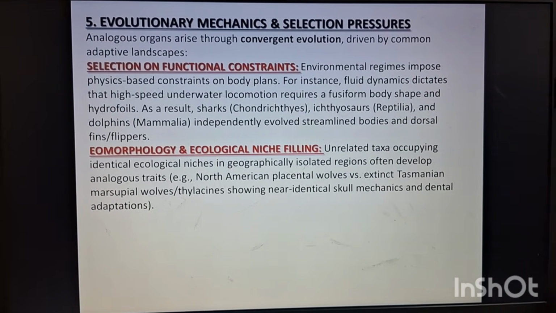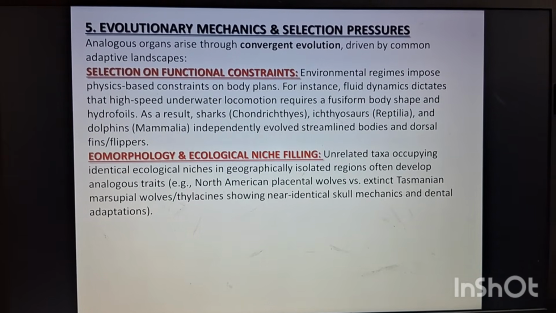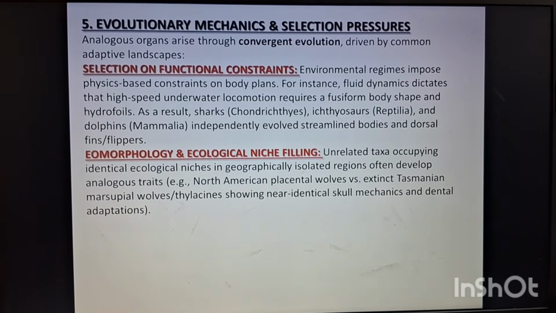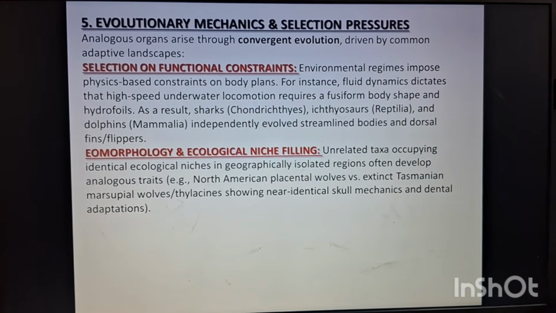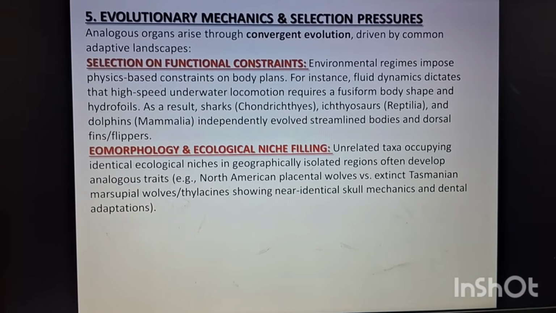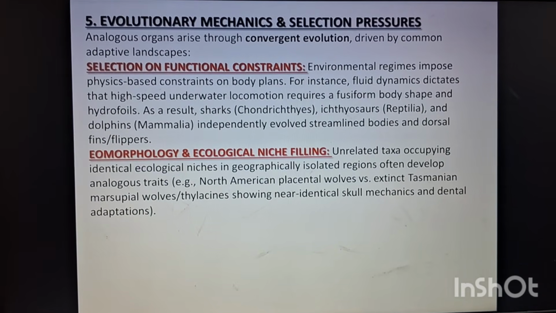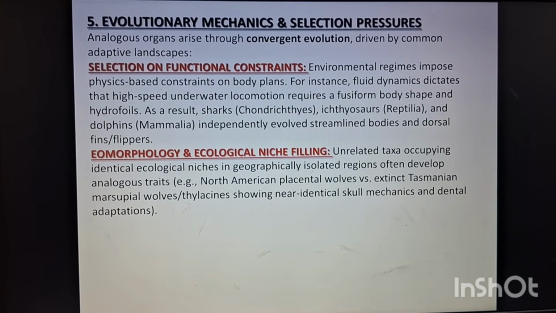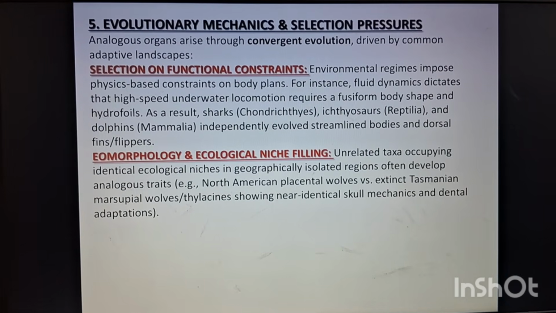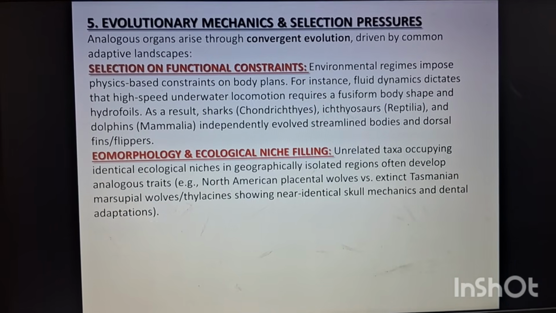Next, evolutionary mechanics and selection pressure in analogous organs. Analogous organs arise through convergent evolution driven by common adaptive landscape. First is selection on functional constraints. Environmental regimes impose physics-based constraints on body plans.